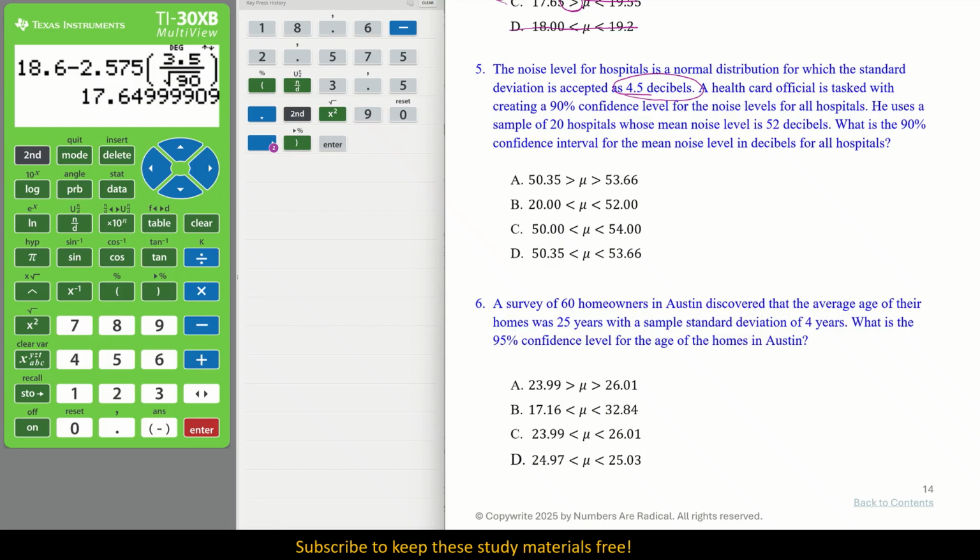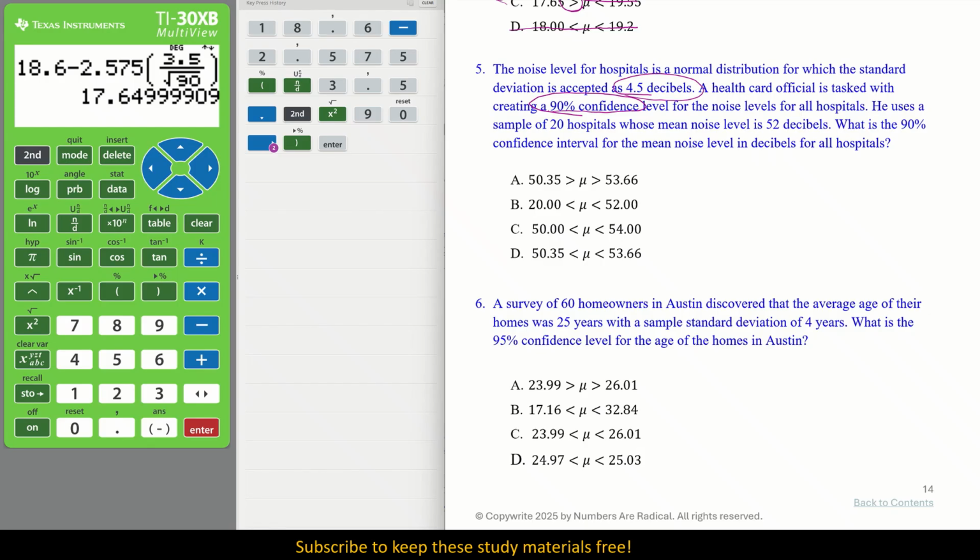A health card official is tasked with creating a 90% confidence level for the noise for all hospitals. He uses a sample of 20 hospitals whose mean noise level is 52 decibels. What is the 90% confidence interval for the mean noise level in decibels for all hospitals?